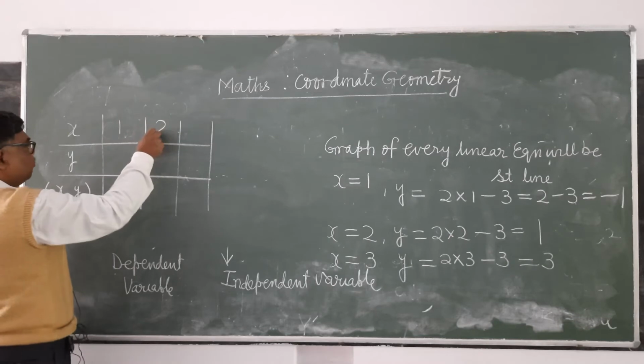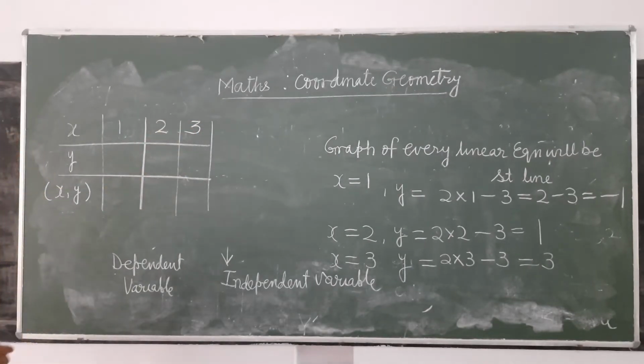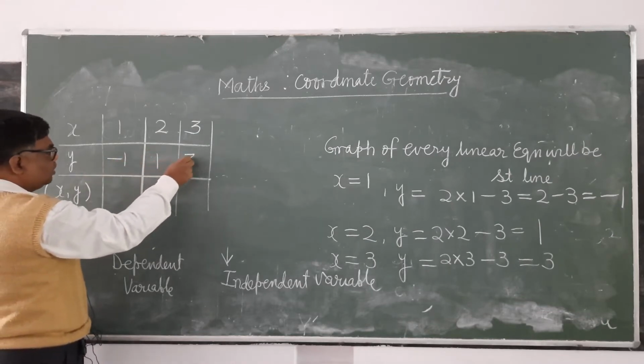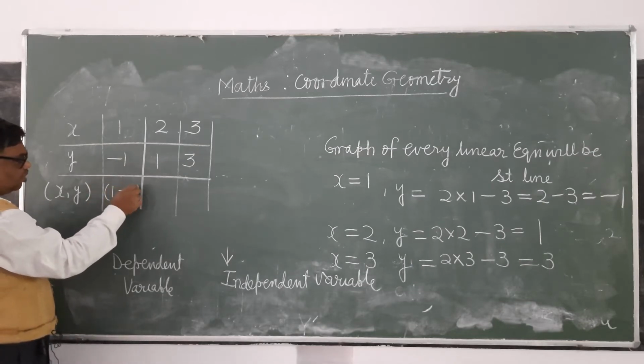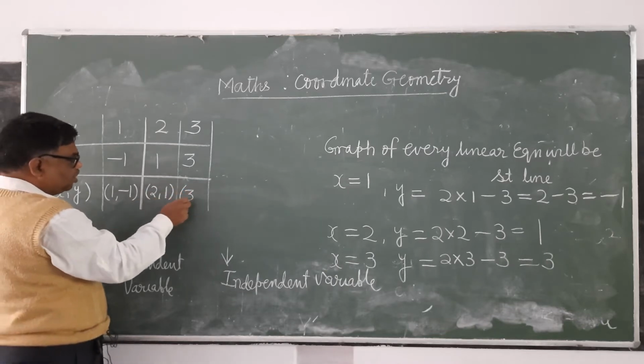I have taken 1, 2, 3. y comes out minus 1, then 1 and then 3. What will be the coordinates here? 1 comma minus 1, 2 comma 1, and 3 comma 3.